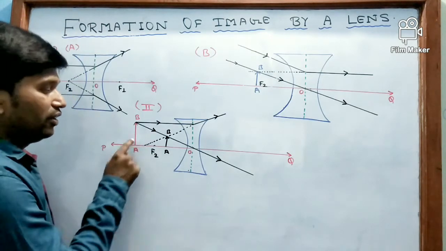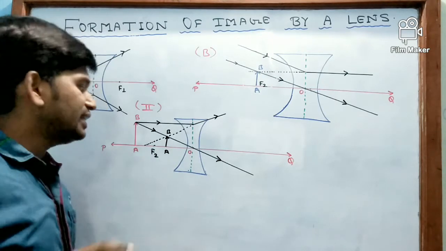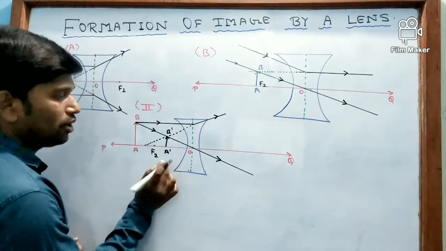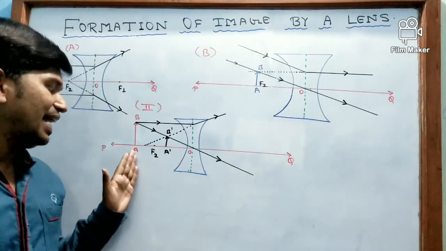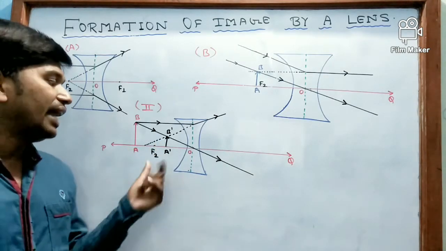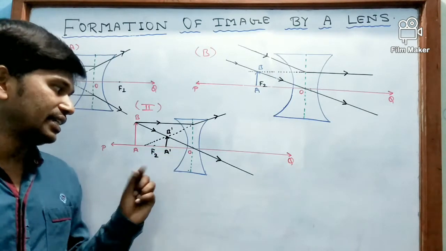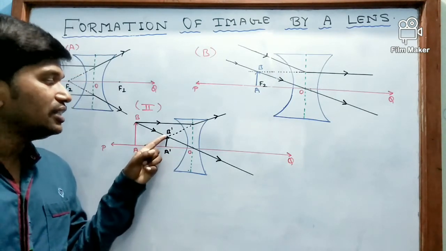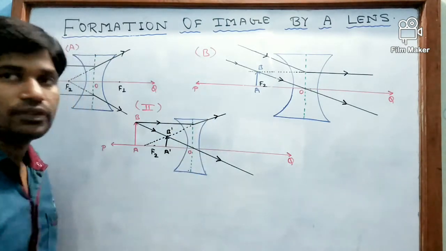We can see the object AB, the image formed is A dash B dash, which is also on the same side as the object, and the image is virtual and erect, as this also seems to be diverged from these 2 points.